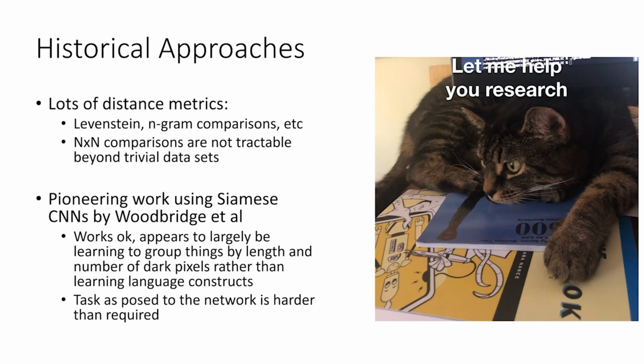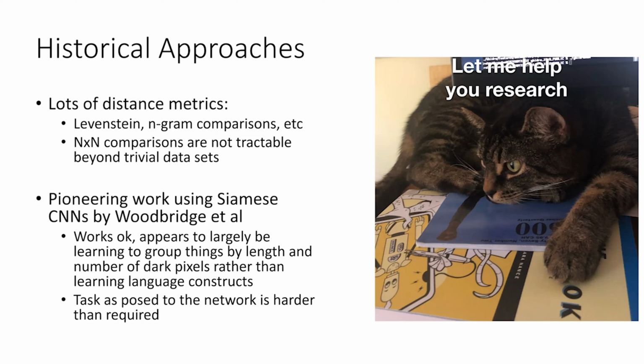Basically, anytime you look at an image problem, say comparing two images, the first thing most of us go to is convolutional networks. So in this case, they were using a convolutional network on an image of the entire domain string, feeding those into a Siamese network, and then using that to find similar strings.